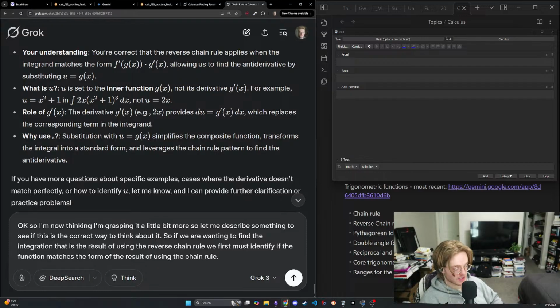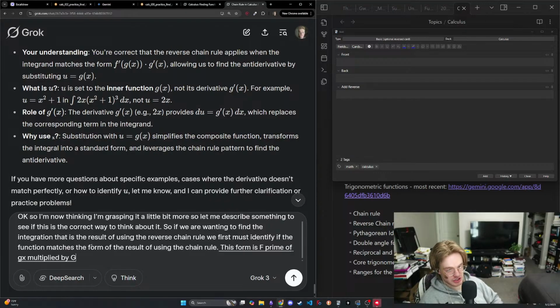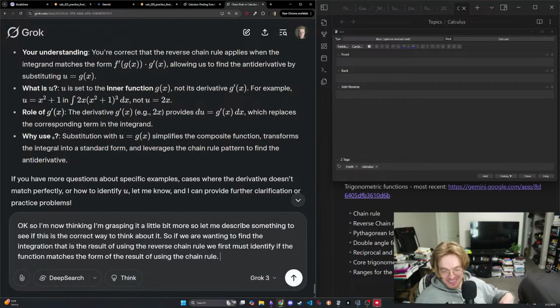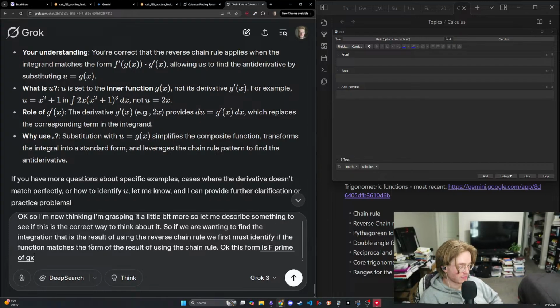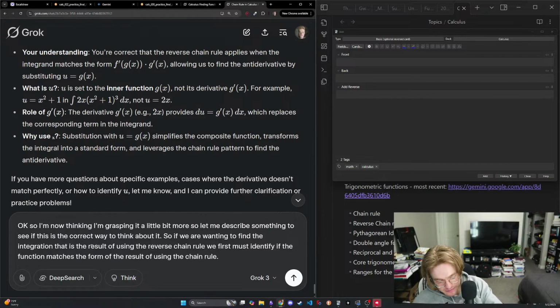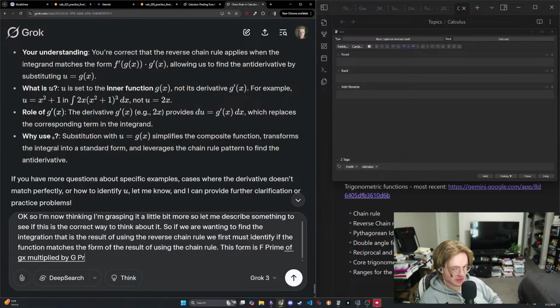This form is f prime of g of x multiplied by g prime of x.